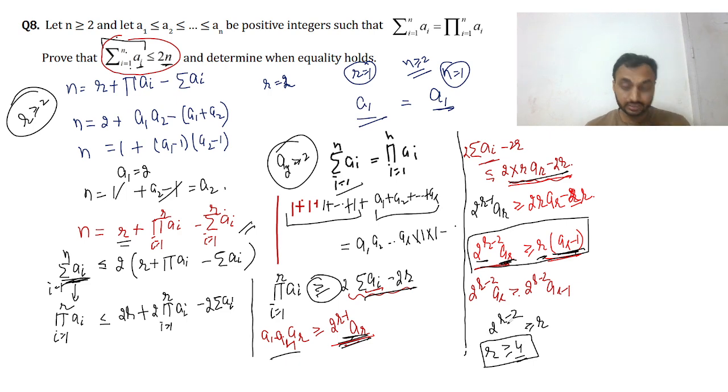But what about r equal to 2 and 3? As we have to say that it is always true, we have to prove it for r equal to 2 and 3 also. So if we take the case of r equal to 2, we have two numbers, a1 and a2.